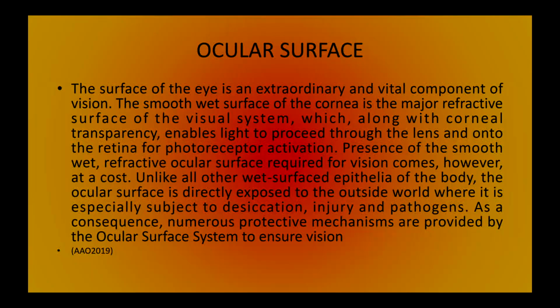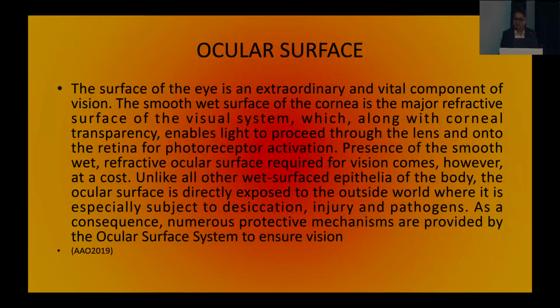The smooth, wet refractive ocular surface required for vision comes, however, at a cost. Unlike all other wet epithelial surfaces of the body, the ocular surface is directly exposed to the outside world, where it is specifically subject to desiccation, injury and pathogens. As a consequence, numerous protective mechanisms are provided by the ocular surface system.